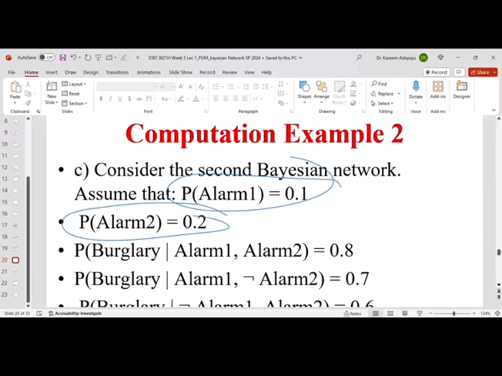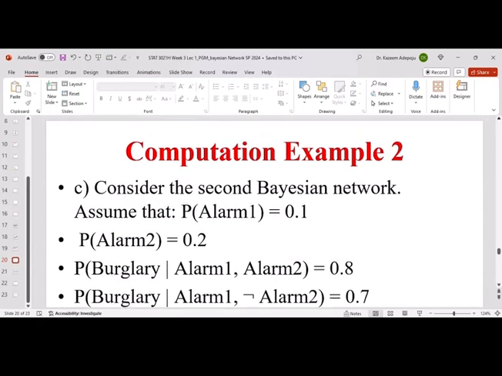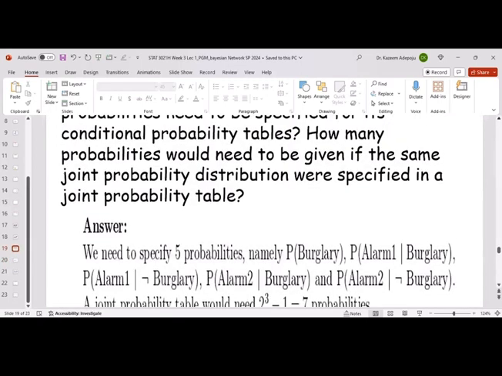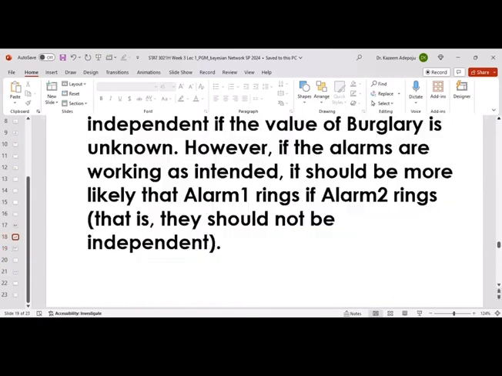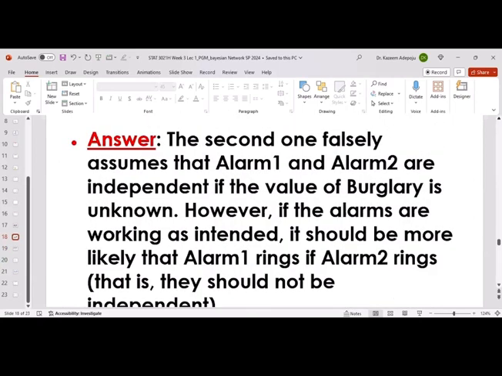Why is it that these are not conditional, alarm 1 and alarm 2? Because we're focusing on the second one, where alarm 1 and alarm 2 are the parents. I'm going to go back to the structure now.